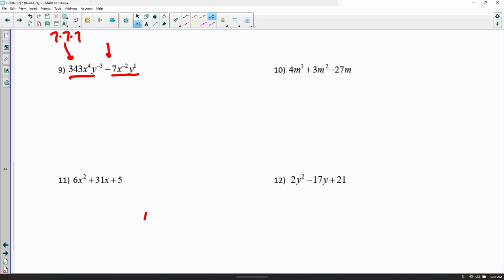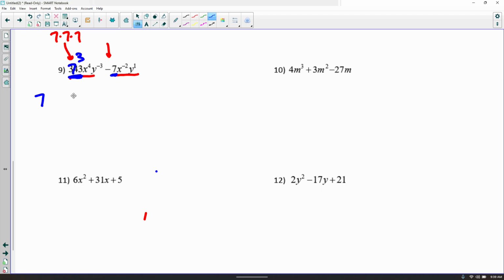What do you notice about that? There are 3 7s there. So that's like 7 to the 3rd power, which means I can pull out what? A 7. Not 6 of them, but we can pull out 1. Okay?